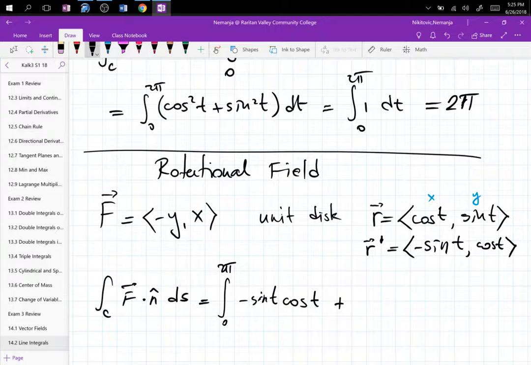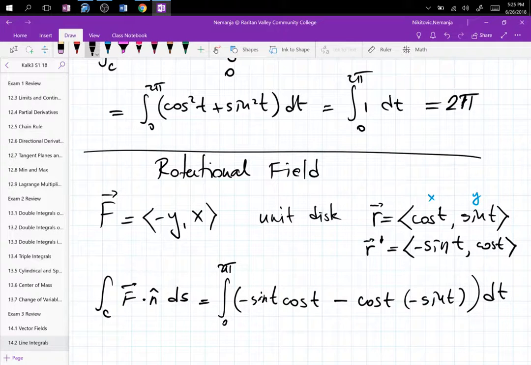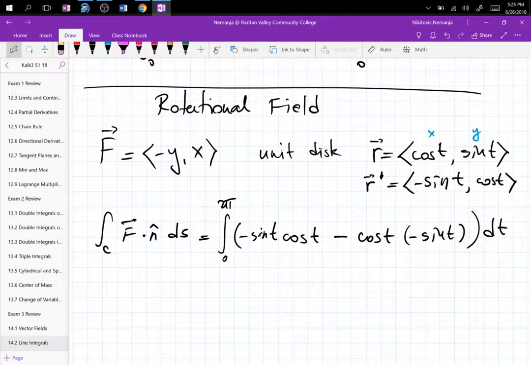Plus, x is cosine t. Why is it plus? I don't know why it's plus, it's a minus. And then minus sine t over here. There we go. And then dt. Much better. It's 0. Of course it's going to be 0.